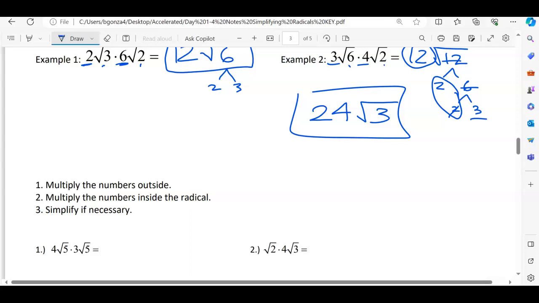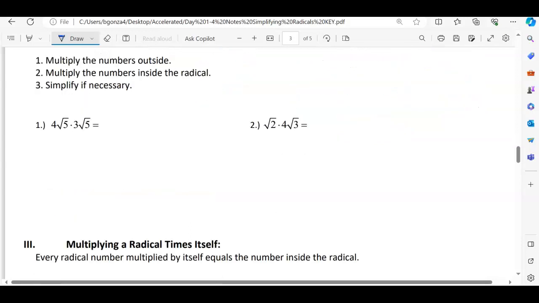All right, 1 minute's up. Here we go. On number 1 here, outside times the outside, what's 4 times 3? 12, okay? Inside times the inside, 5 times 5 is 25. Does 25 break down? It does. Good guess.